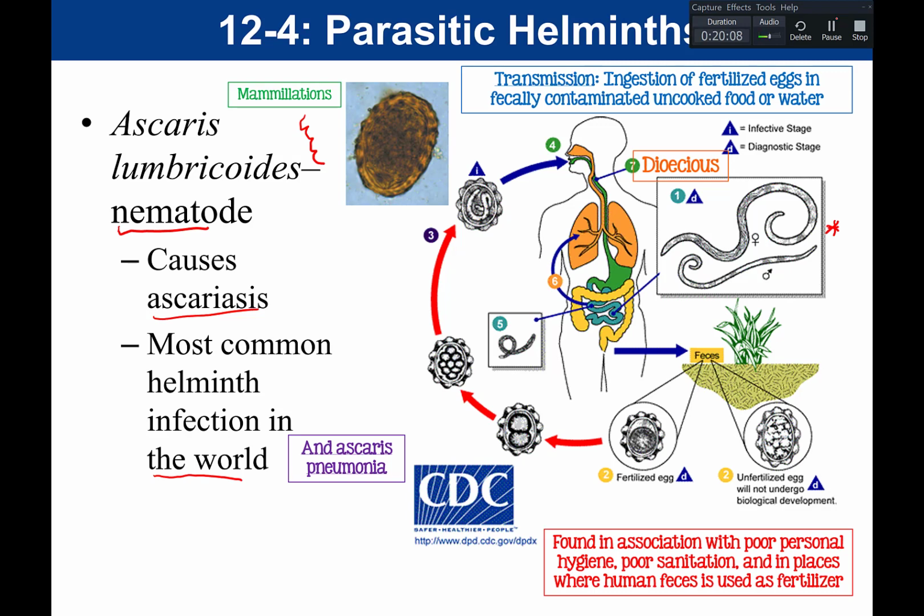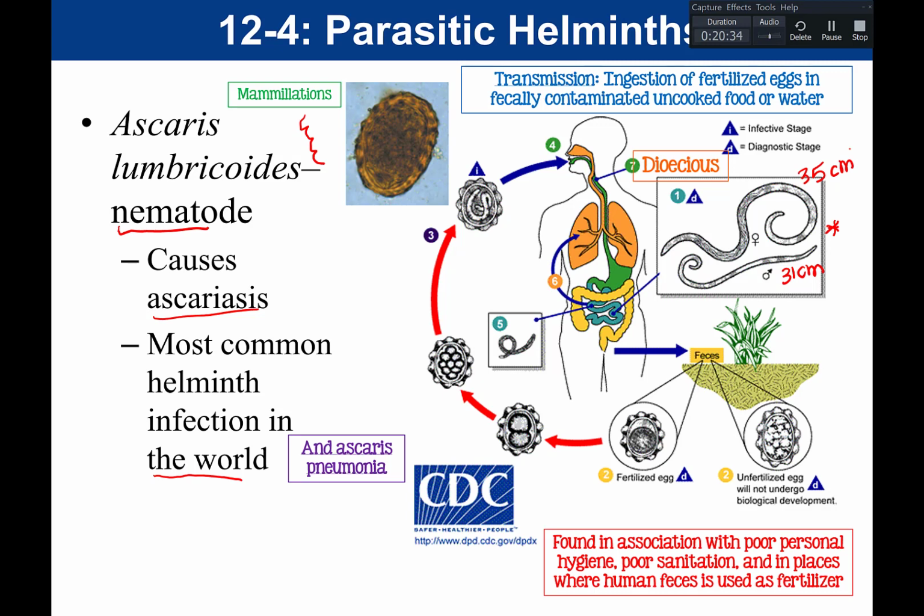In terms of size, the males, again, are going to be the smaller of the two. He is approximately 31 centimeters. So notice approximately 30 times the size of Enterobius. The females are about 35 centimeters in size.